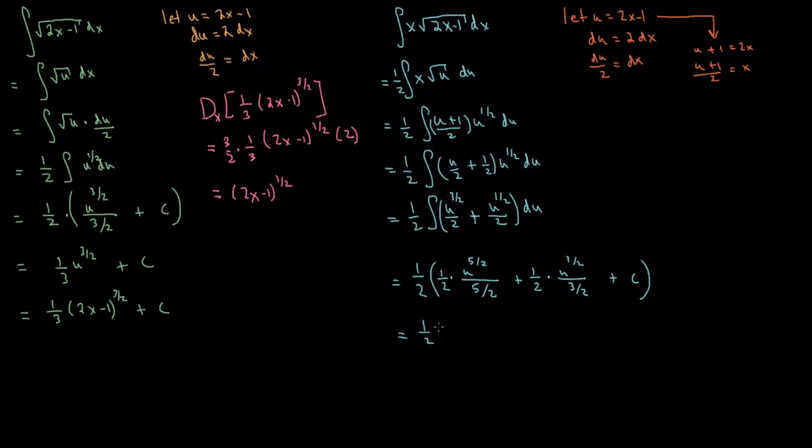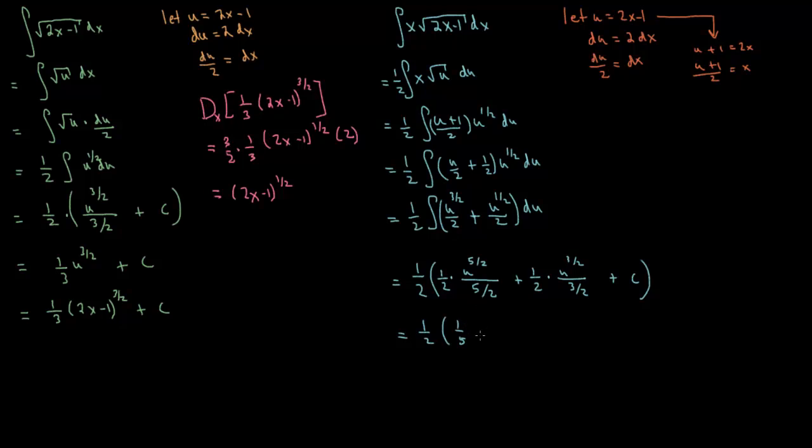You know what I should have done earlier? I should have factored out that 2. I should have had a 1/4 out front, but we'll get the same answer either way. So I have 1/2. Now I need to multiply by the reciprocal of 5/2. So that's 1/5, because I'll have 2 over 5 times 1/2.